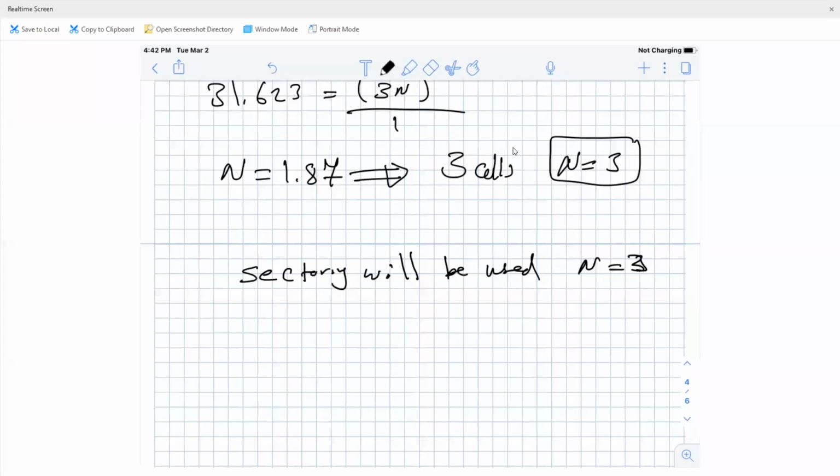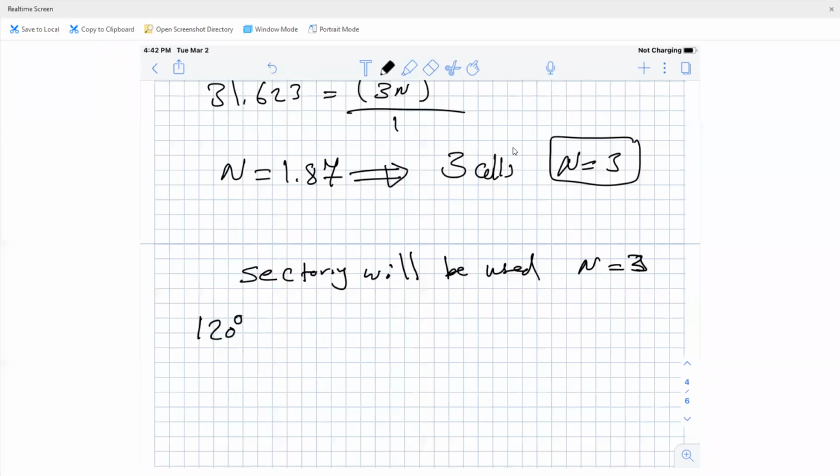Really, 60 degree and 120 degree lead to the same cluster size. Okay, so we are going to utilize the sectoring of 120 degree. Why?